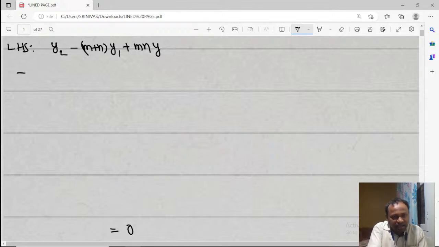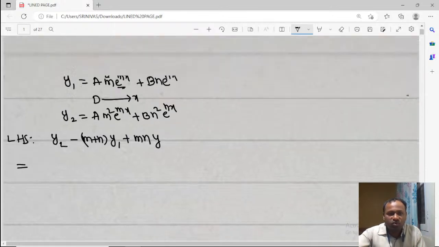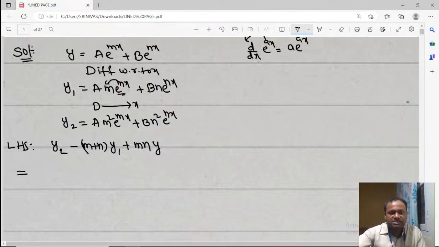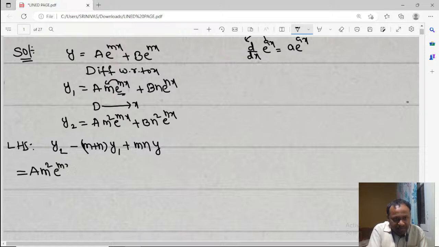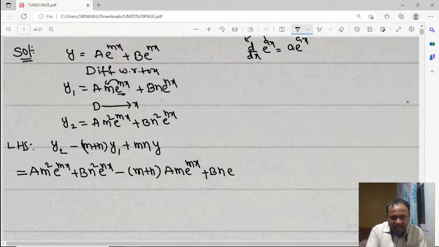Now let us check by substituting y2. Y2 means a m square e power mx plus b n square e power nx, minus of m plus n into y1, which is a m e power mx plus b n e power nx, next plus mn into y.